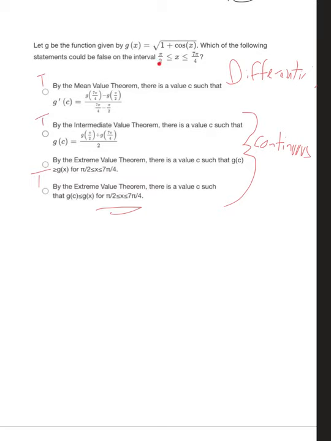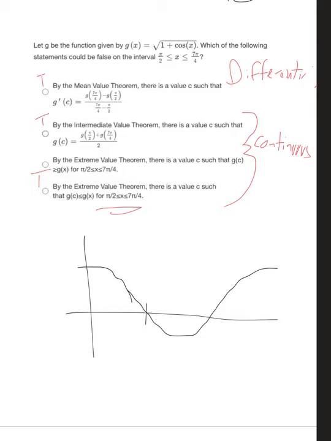And so if I'm going from pi over 2 to 7 pi over 4, and I think about my cosine graph, it's looking something like this. Pi over 2 is here. And then 7 pi over 4 is somewhere right about here.